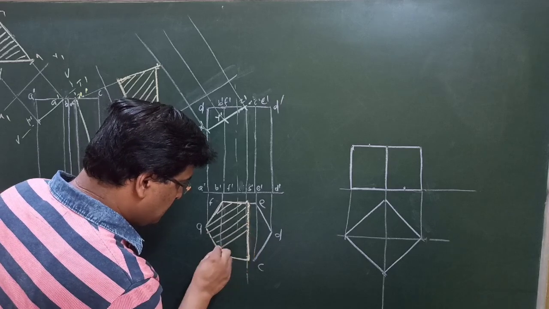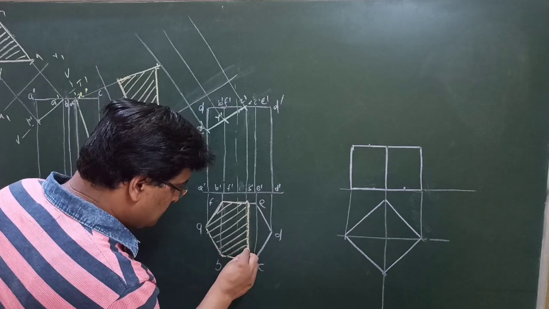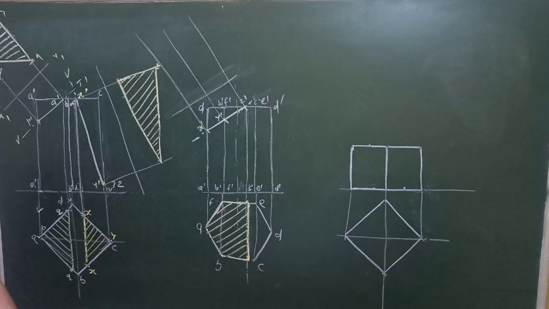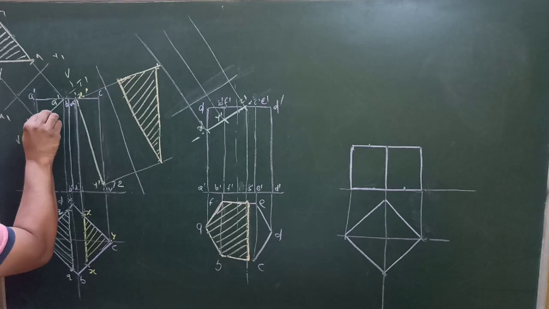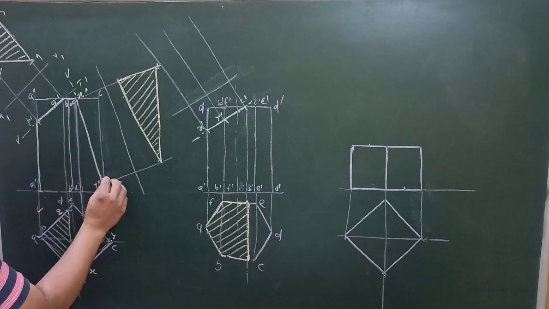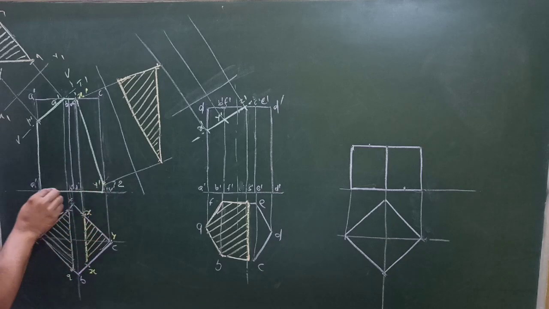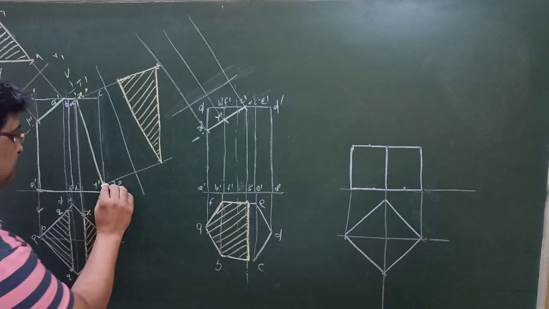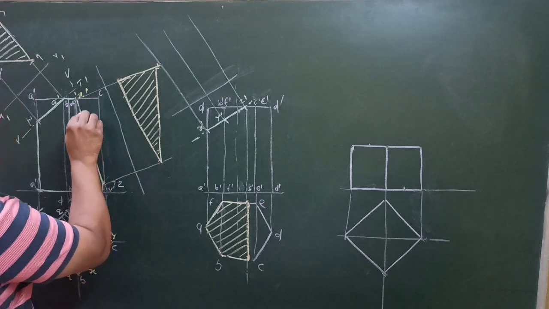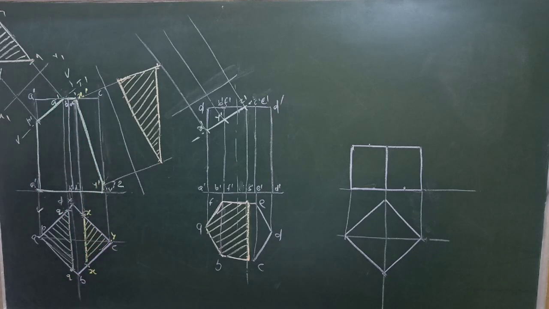And after sectioning you will get the sectional top view. When we talk about this question, this lower part will be darkened, like this. Right?